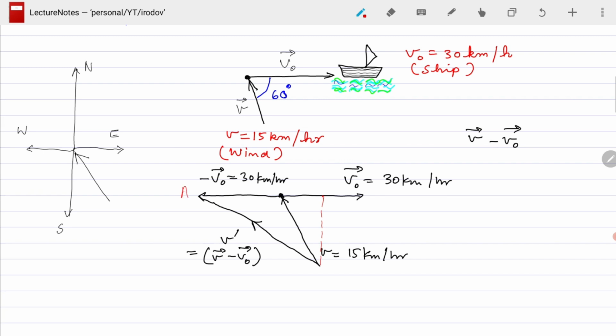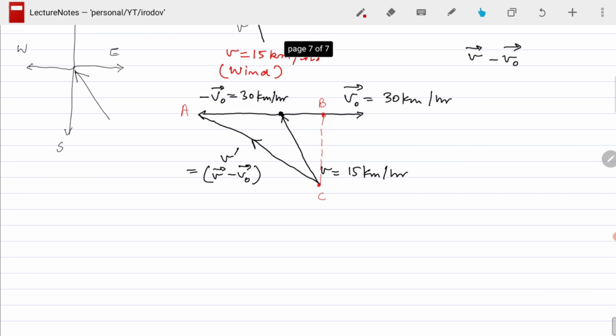Let's say this is point A, this is point B, and this one is point C. The modulus of V dash, equal to V minus V0, is the hypotenuse AC.